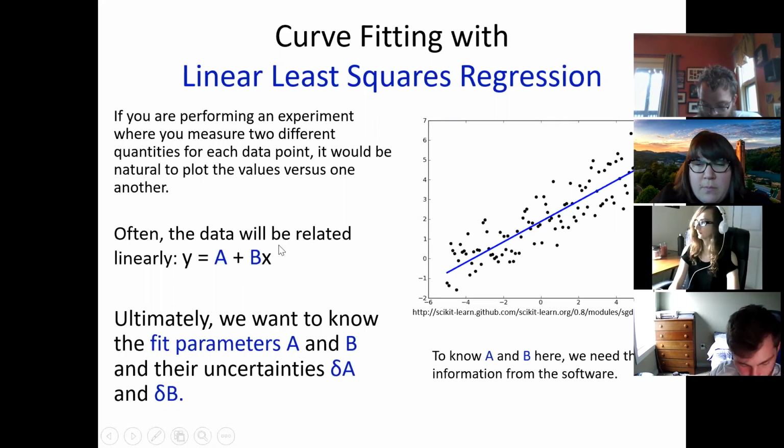Anyway, when that regression happens, we determine the slope and the y-intercept of the line that gives us the best fit. And those fit parameters, A and B, and their uncertainties, delta A and delta B, are the pieces of information that are important for us to get out of this curve fit.